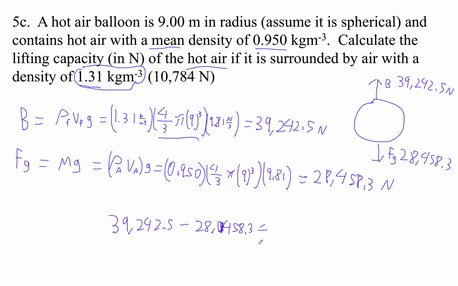So I take that number minus this number, and I get 10,784.2 newtons approximately. And of course, a real balloon would have the fabric envelope with quite a bit of weight to it, and then the basket and the fuel and the people and all that stuff.